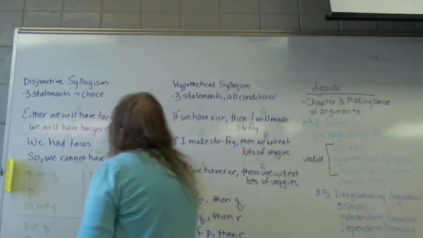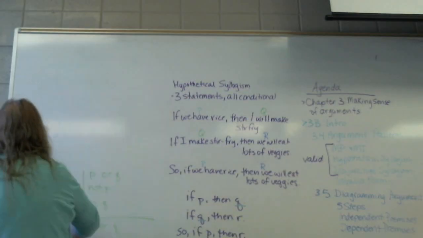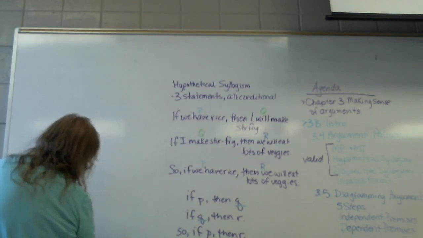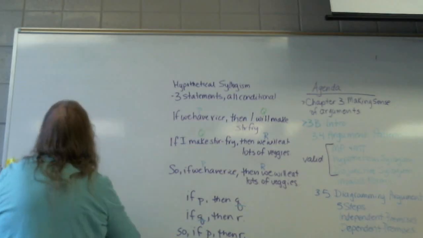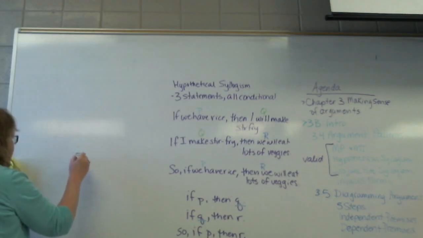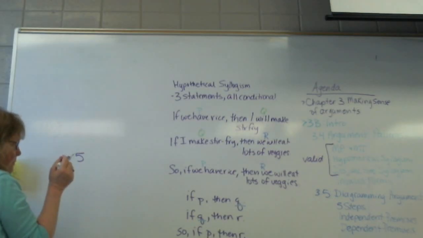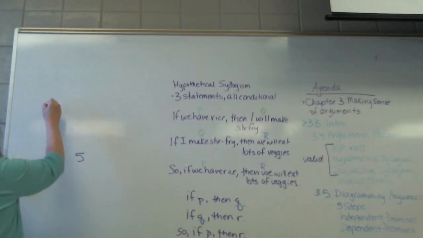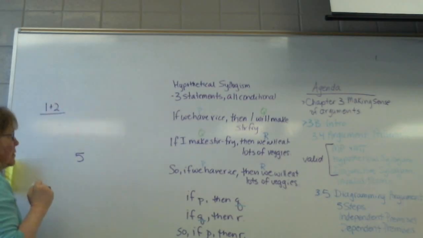He does it a little bit weird. So if I have a 5-sentence argument, and my conclusion is at the end, I put that 5 here at the bottom, okay? Now I have to figure out 1, 2, 3, and 4. So the first two are dependent on each other, so they go together like that, 1 plus 2.